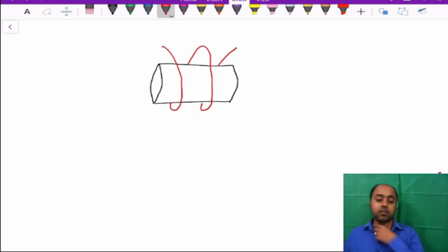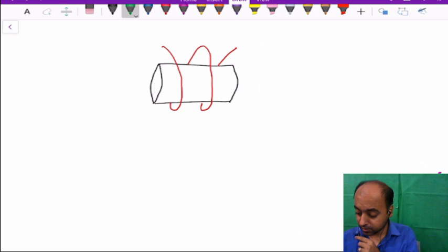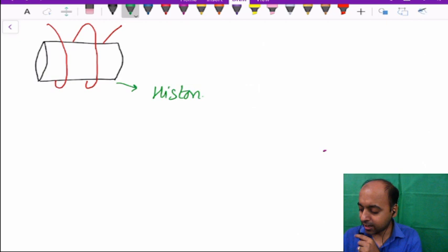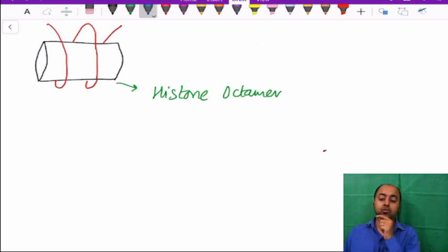This cylinder is known as the histone octamer. As the name makes clear, there are 8 subunits in here, and that is why we call it the histone octamer.